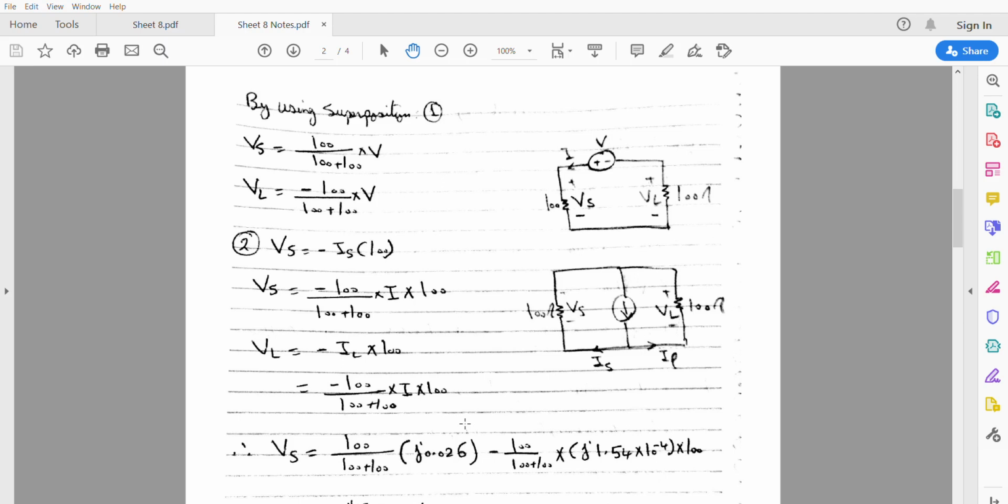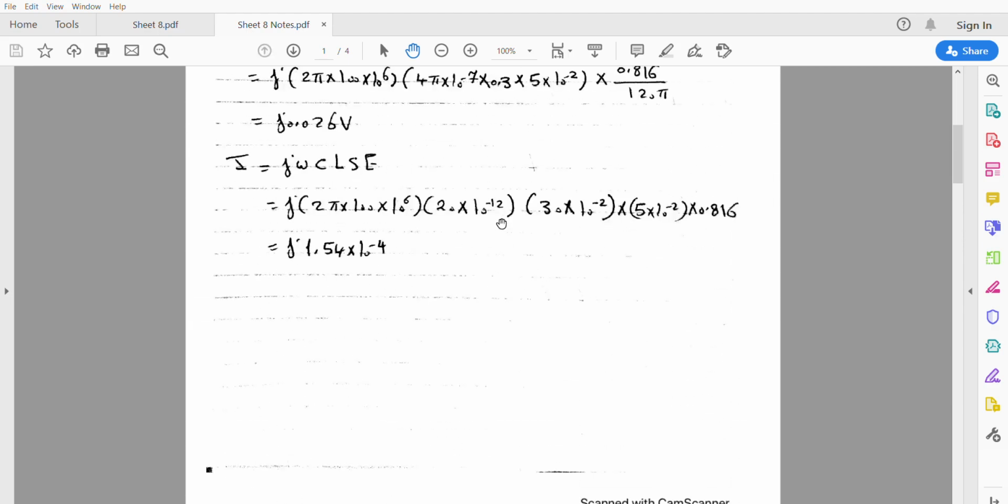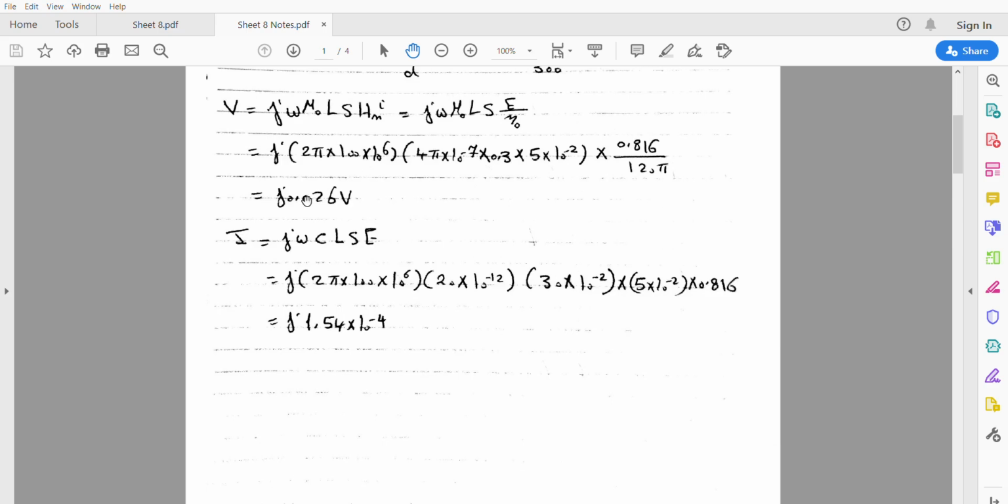So now if I need to get the value of Vs after making a superposition, I will add both values I got from here by using the voltage source, and from here by using the current source. So 100 over 100 plus 100 multiplying by V, in which this value of V we got from here equal to j0.026 volt.